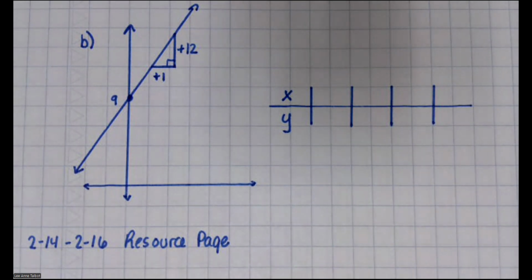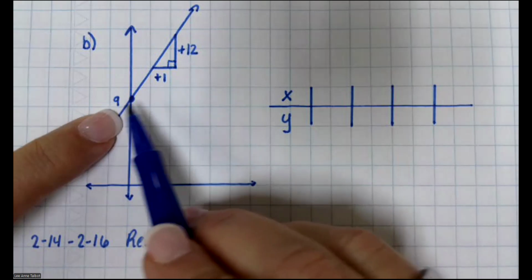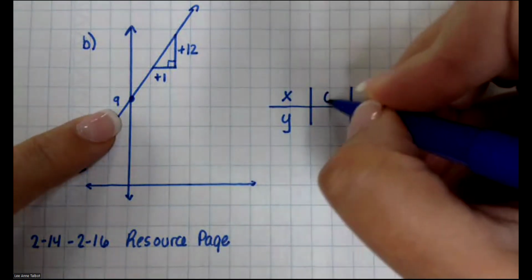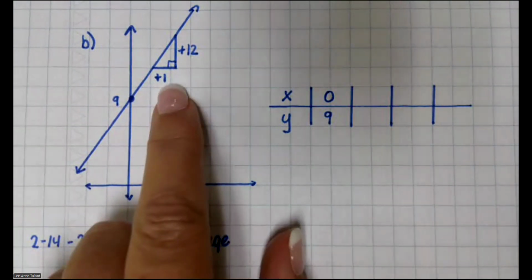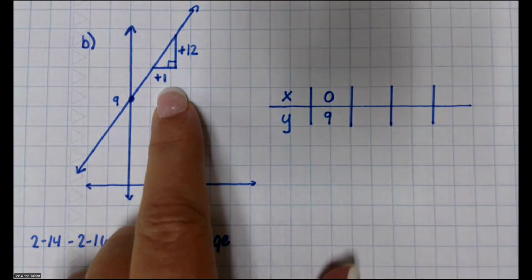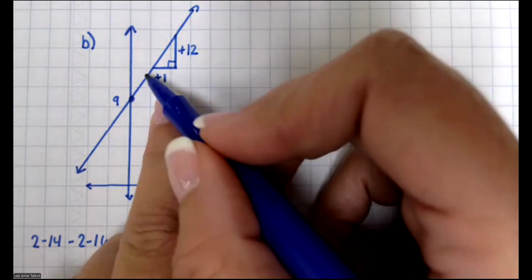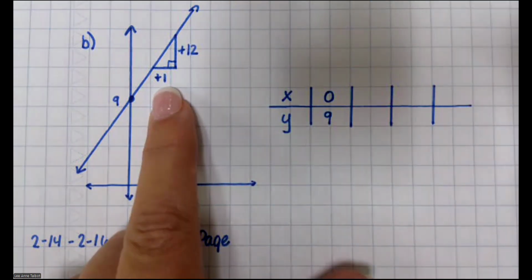All right, last one. What is this coordinate right here? 0, 9. Now this is called a slope triangle, and I'm going to start using the word slope instead of growth after this. This is telling you that every time you go over 1, you're going to go up 12.